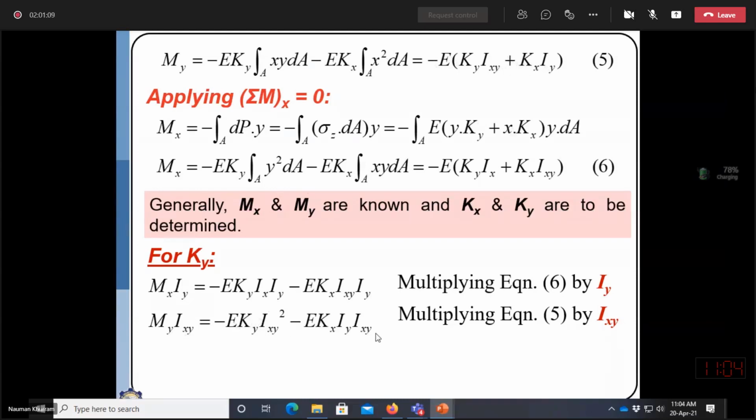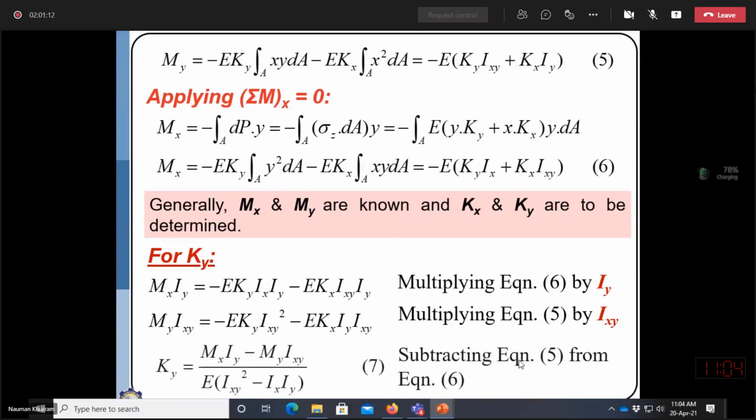So if we subtract equation number 5 from equation number 6, this sign will be converted into positive, this also positive, this negative. So these two parameters will be cancelled out. If we take the ky constant from these two parameters, or bring it to the other side, we will have equation number 7 after simplifying.